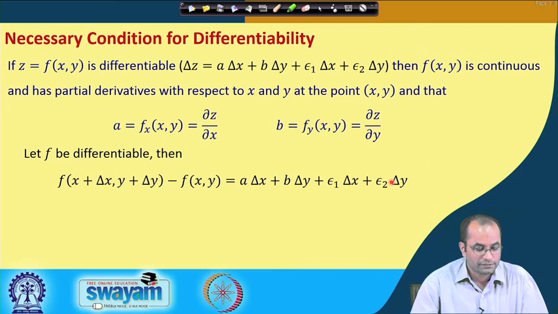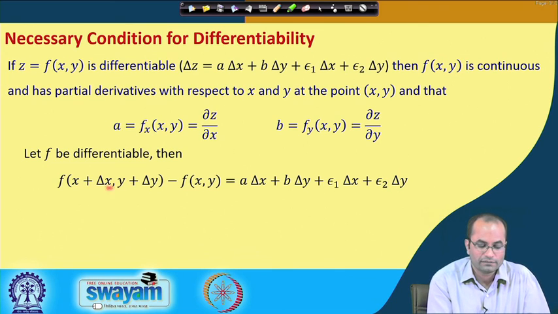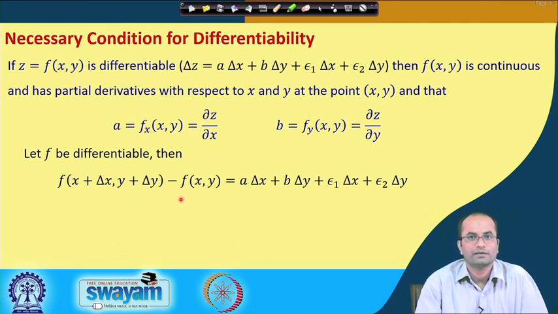So, having this, now if we take the limit here as delta x goes to 0 and delta y goes to 0, what will happen? Since delta x goes to 0 and a is a finite number, this will disappear, and again this will go to 0. Here also, since epsilon goes to 0 and also delta x goes to 0, this term will go to 0 and also this term will go to 0.